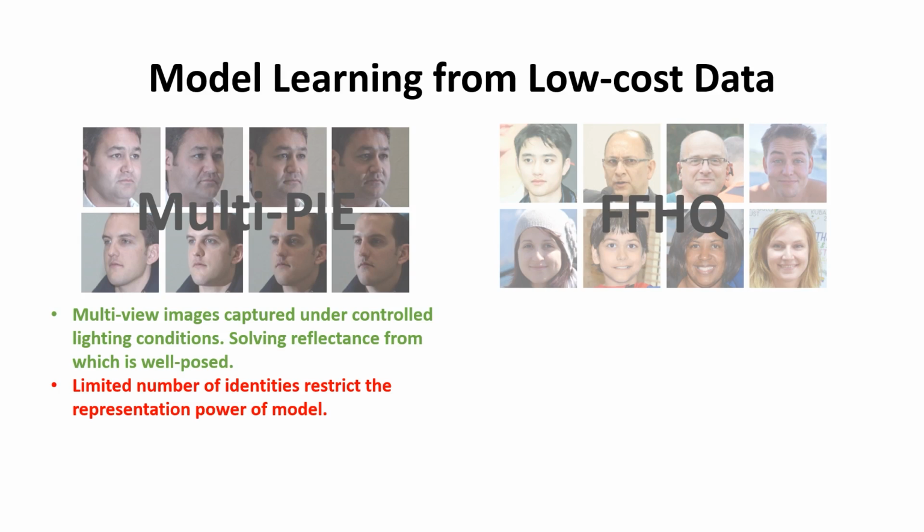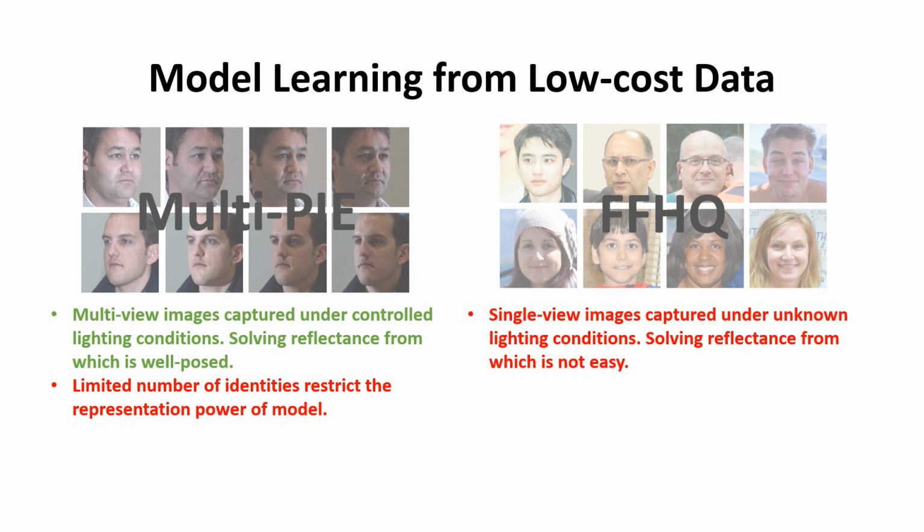However, it only contains a limited number of identities, restricting the representation power of the model. In FFHQ, only single-view images captured under unknown lighting conditions are provided. Thus, solving reflectance parameters from which is notoriously not easy. However, it contains diverse identities, which enable us to learn a powerful model from it.